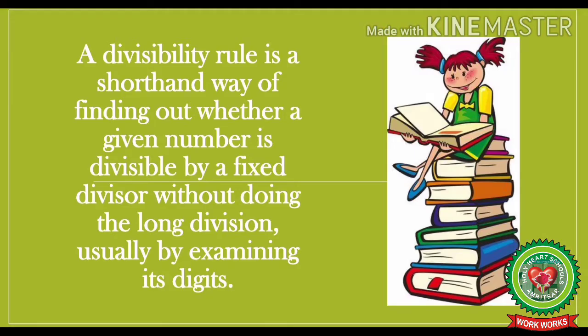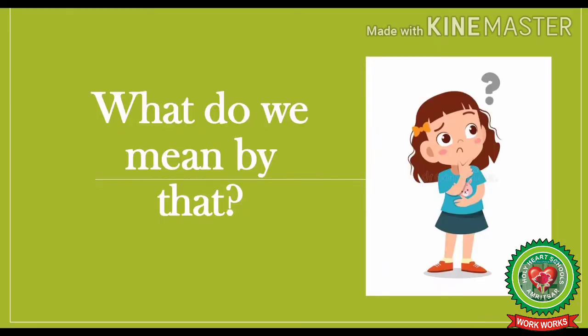A divisibility rule is a shorthand way of finding out whether a given number is divisible by a fixed divisor without doing the long division, usually by examining its digits. In our previous video, we have discussed about the long division of a number.